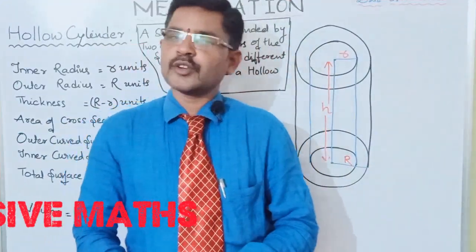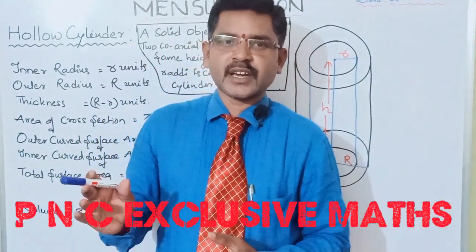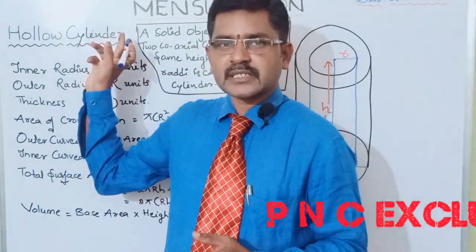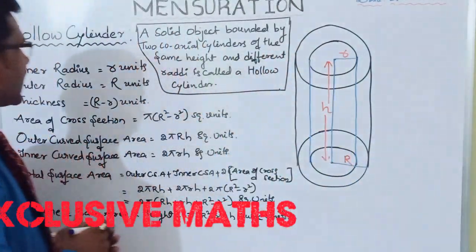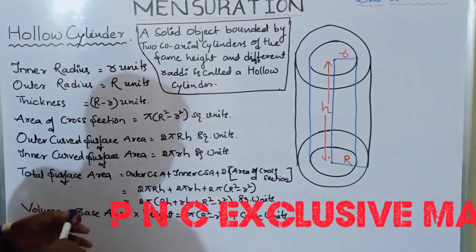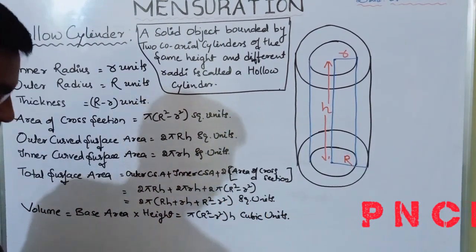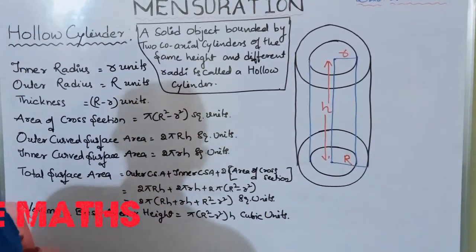Let us know about one more three-dimensional figure, a special type of cylinder, that is the hollow cylinder. Here we have a definition.